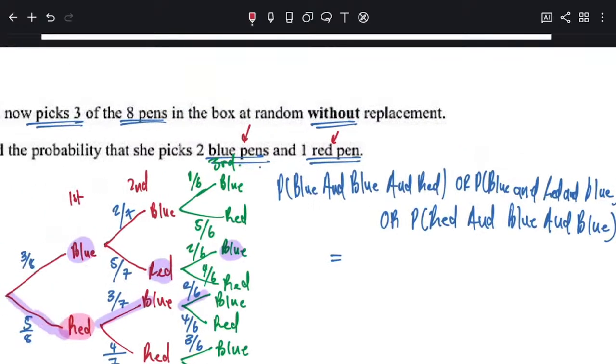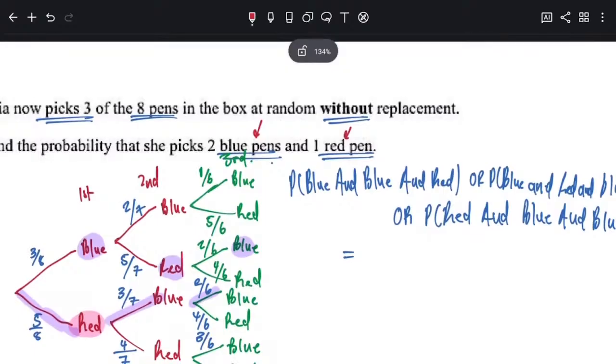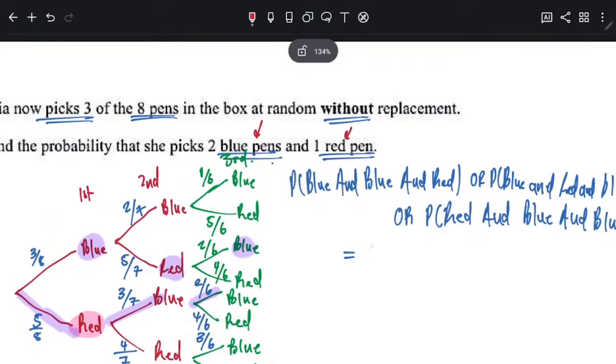Now for blue, blue, red, what is it going to be? Blue on the first, that's 3 over 8, times blue here, 2 over 7, times 1 over 6. Okay? This should be a formal question.